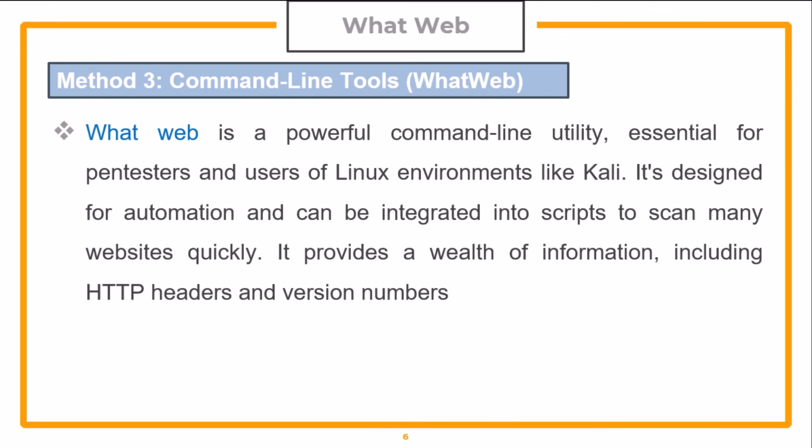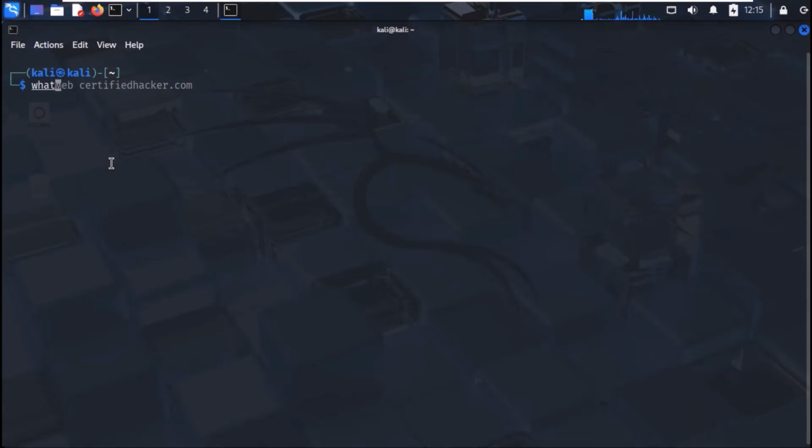Our final method is for power users, scripters, and those working in a command line environment like Kali Linux. The essential tool for this job is WhatWeb. It's a next-generation scanner that provides incredibly detailed information, including HTTP headers and version numbers, right in your terminal.